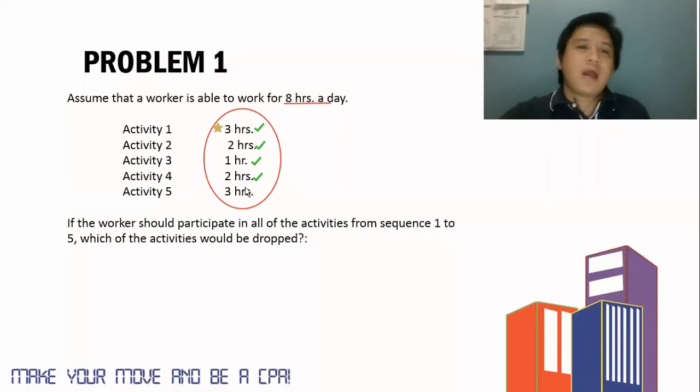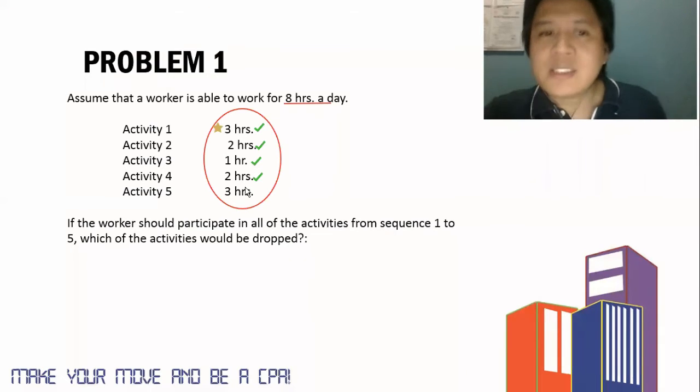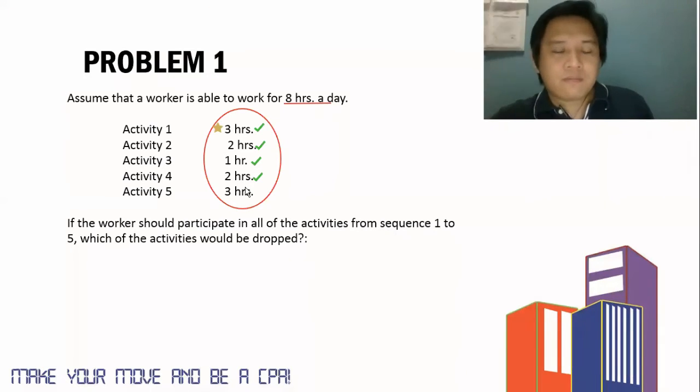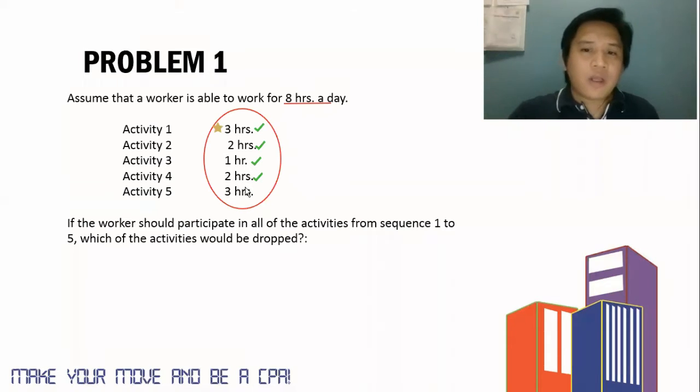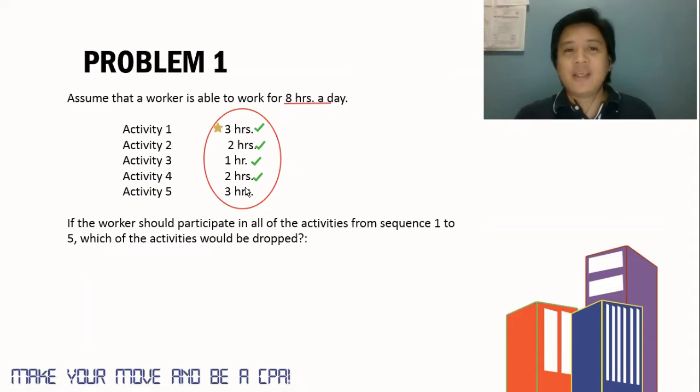So, let's look at this. Activity 1, 3 hours siya. Is it possible that this can be shortened? Now, dyan napapasok yung if you look closely in detail, what are the composition of activity 1? What processes are involved in this activity?